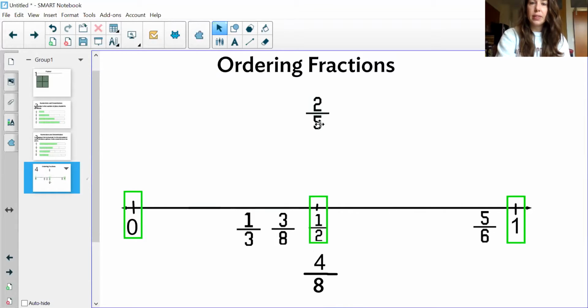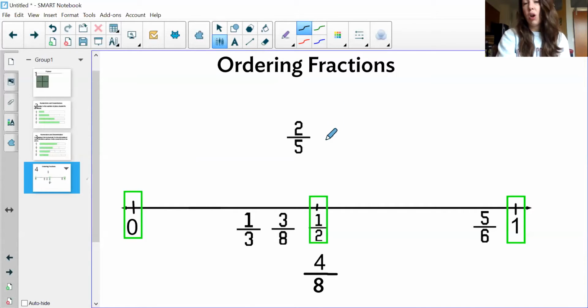And 2/5, well, I don't know, because fifths are an odd number. So I don't know if it's more or less than 1/2, but I can change it to tenths. So I know that 2/5 is equal to 4 tenths.